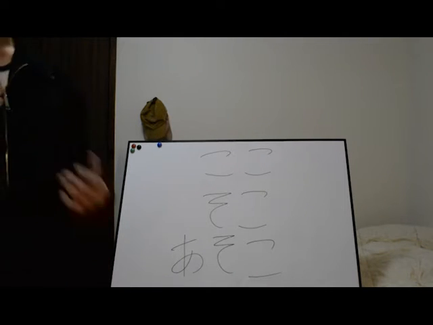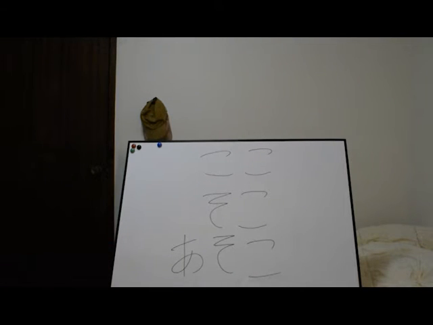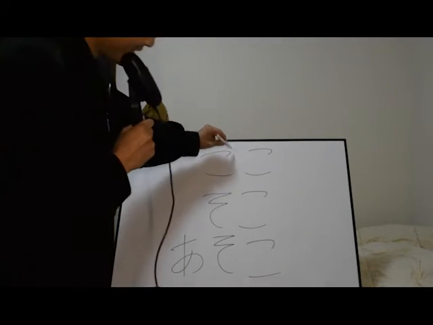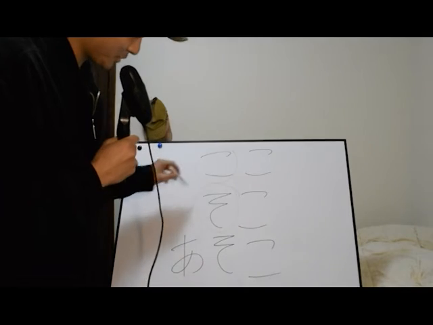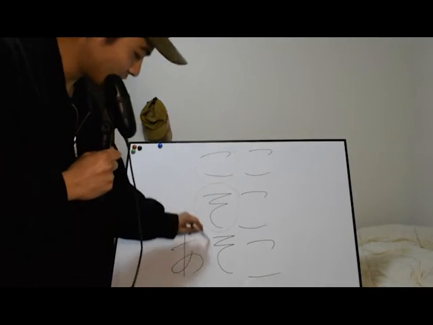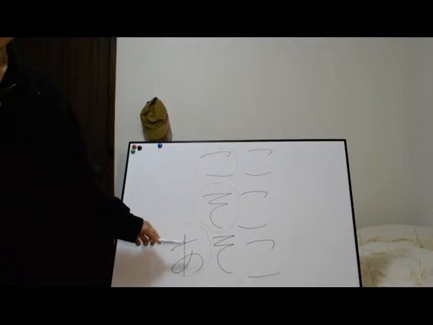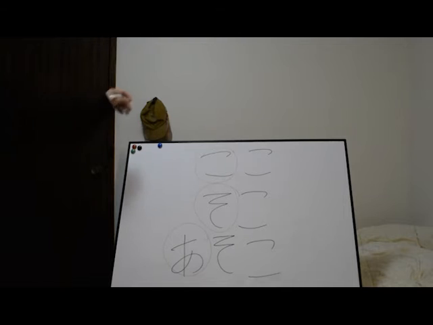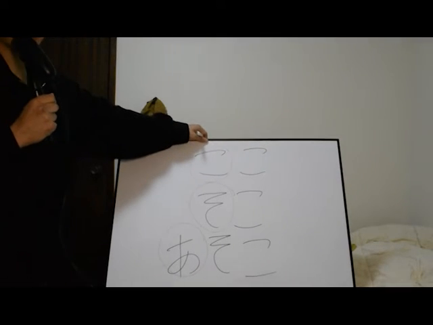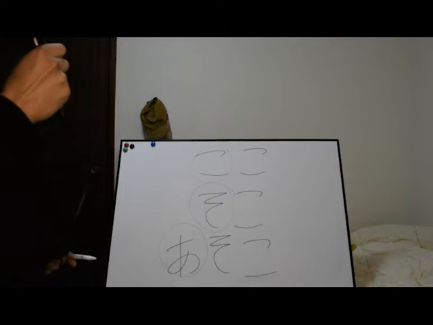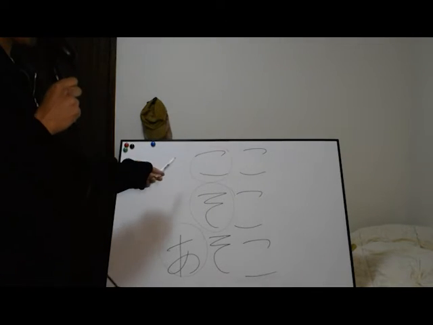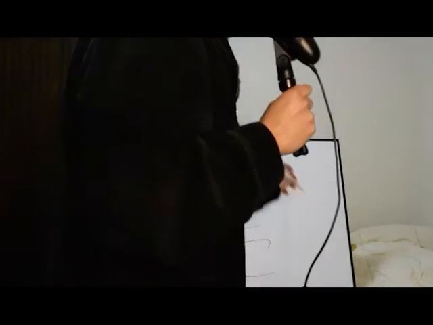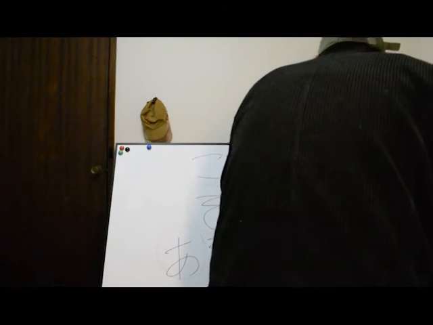So, looking at these examples, what can we tell? If you watched the previous video, we can see that these starting syllables, ko, so, and a, are all the same as the words that we learned in the last video, which were ko-re, so-re, a-re.